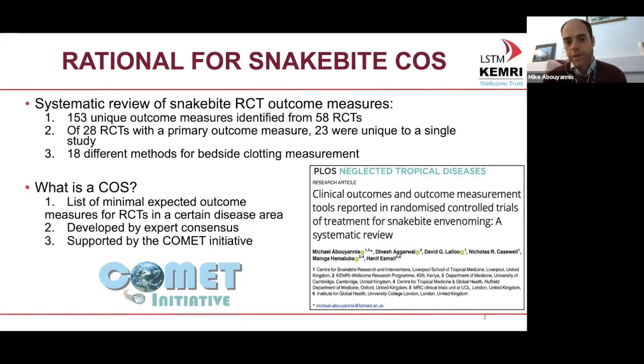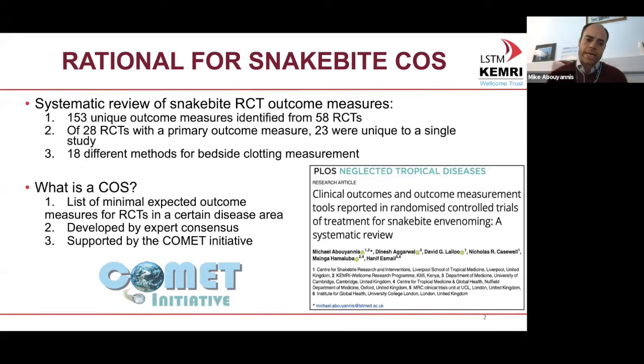Even looking just within primary outcome measures, of which there were 28, we found that 23 of these were unique to a single study. And then even looking at specific types of tests, so for example, bedside clotting tests, there were 18 different methods of measurement.